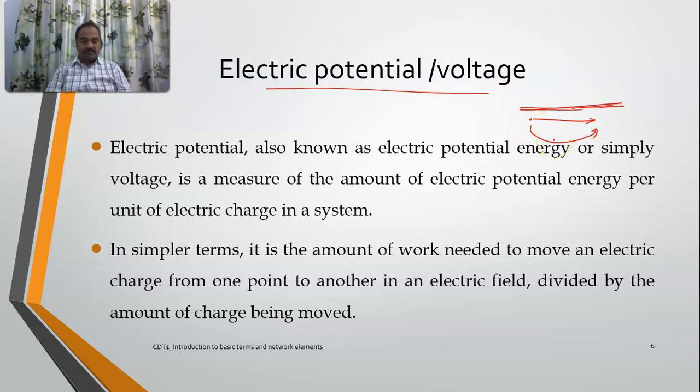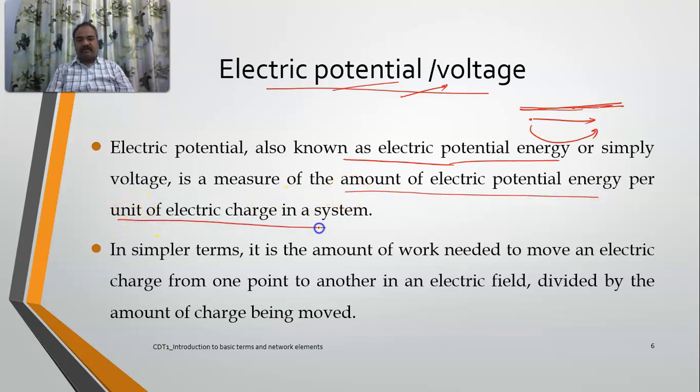So this electric potential energy per electron is called potential. How much energy you are putting in to move your electron is basically considered as electric potential. So it is also known as electric potential energy or simply voltage. Commonly we refer to it as electric voltage also, but the technical term is potential. It is a measure of the amount of electric potential energy per unit of electric charge in the system.